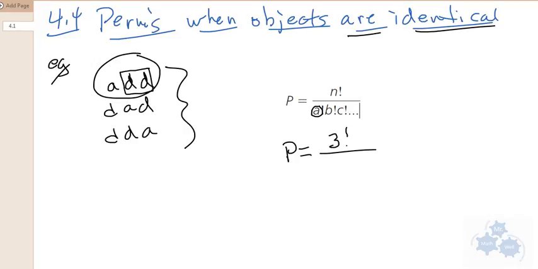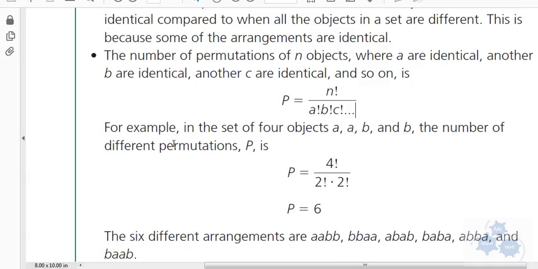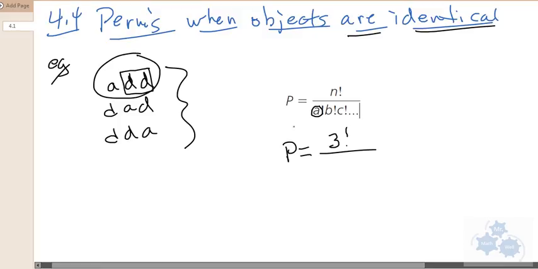And how many do we have? Well, if we go back to the notes, it says, for example, if we have 2 A's, that's a 2 factorial. If we have 2 B's, that's another 2 factorial. So what do we do in this case? Well, we have 2 D's, so we divide by 2 factorial.